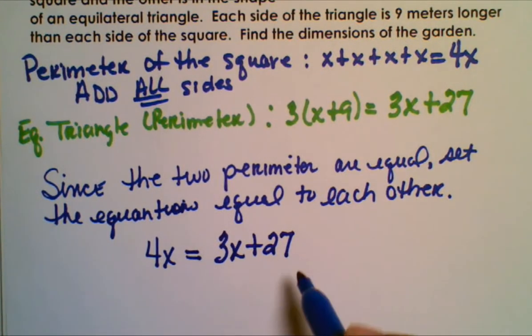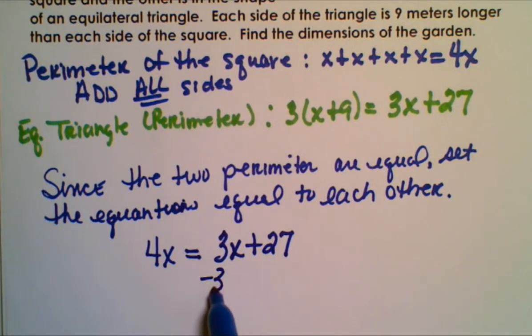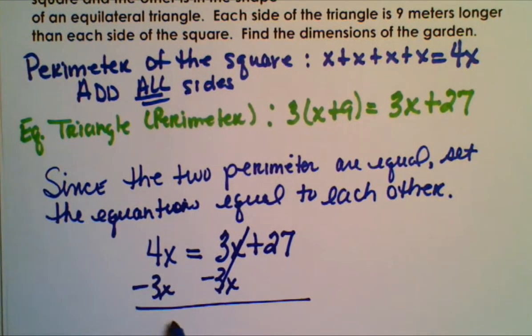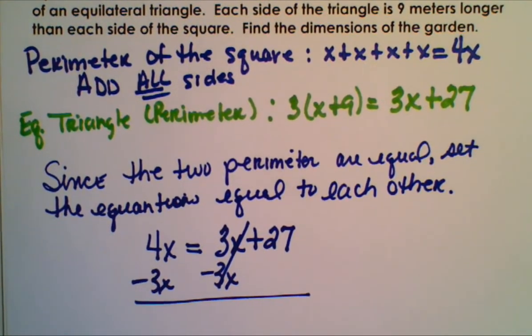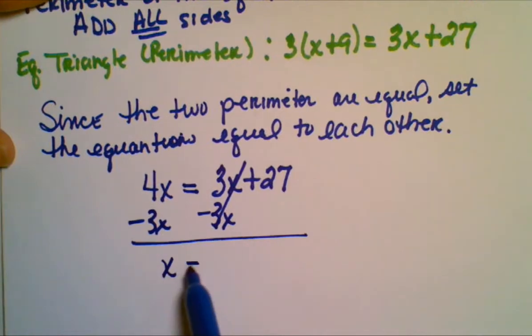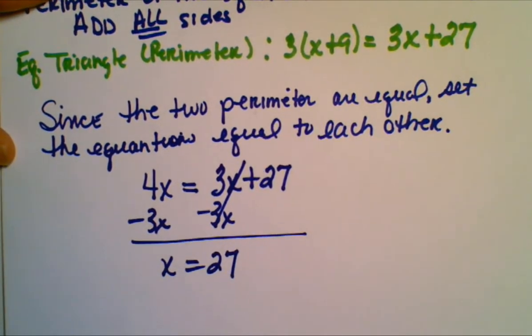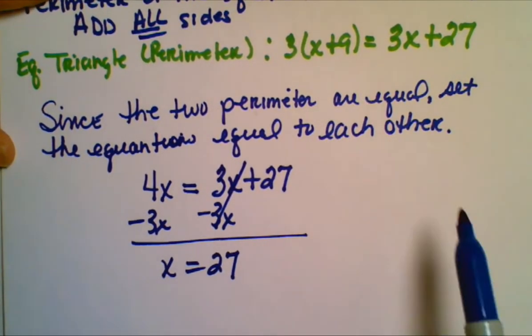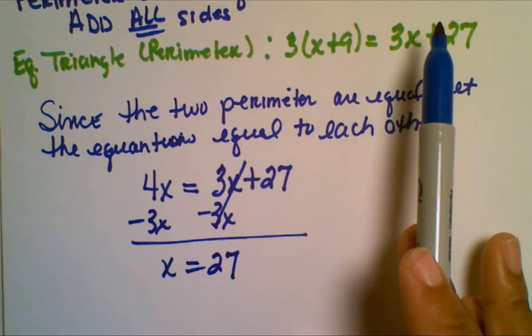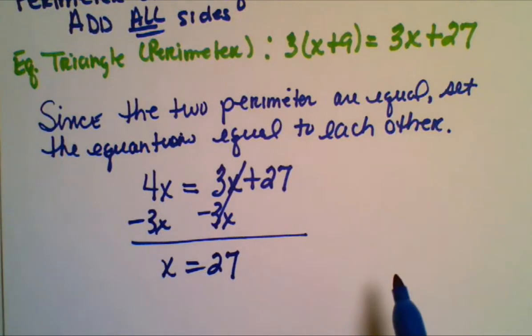Okay, so to solve, we're going to subtract 3x from both sides. And 4x minus 3x is x. So the question is asking us, find the dimensions of the garden.